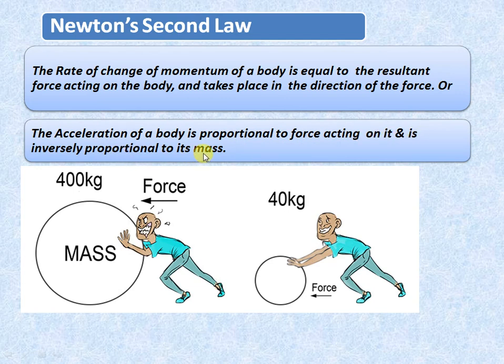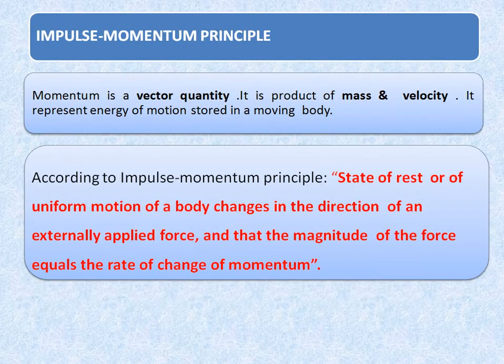So F equals ma is a very basic mathematical equation for Newton's second law of motion. If the mass is more, then more force is required. If the mass is less, then less force is required. And rate of change of momentum being proportional to the applied force is another statement of Newton's second law of motion. Then the impulse momentum principle.